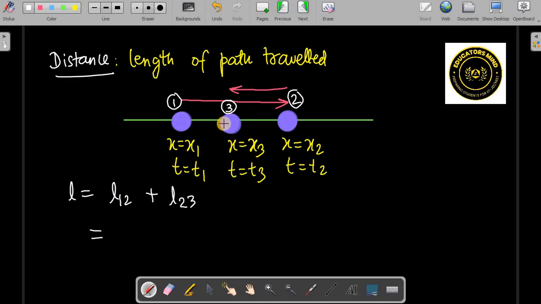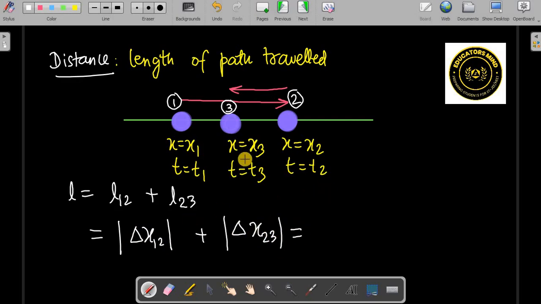It can be positive or negative if you take displacement. So for the forward and then backward motion, we can just take the magnitude of displacement. Displacement you can write as delta x 1 to 2, and similarly delta x 2 to 3.